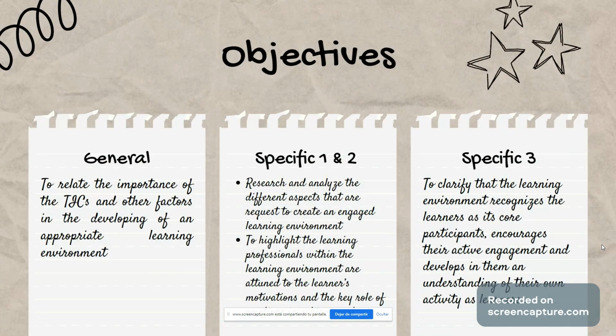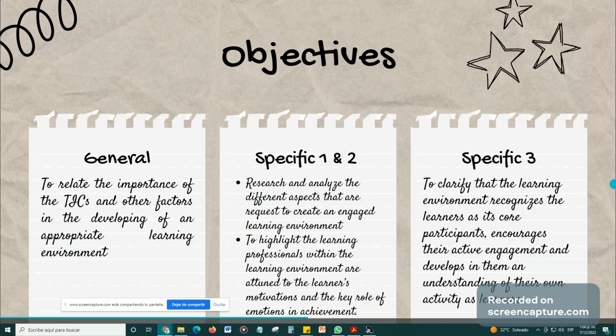The objectives of this activity are generally to relate the importance of the ICTs and other factors in the development of an appropriate learning environment. The specific ones: to research and analyze the different aspects that are required to create an engaged learning environment, and to highlight that the learning professionals within the learning environment are attuned to the learner's motivation and the key role of the emotions in achievement.